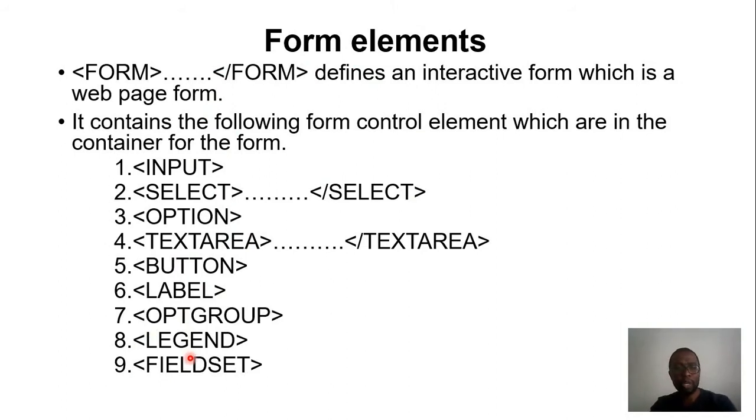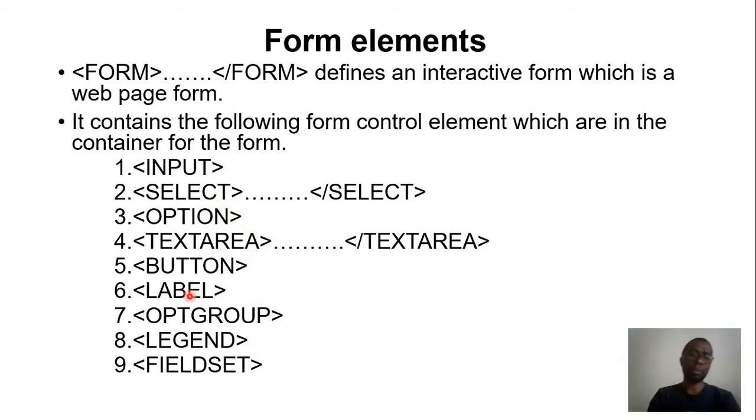Just to mention one or two: input, you might have an option of stating what input control you want to have in your form. Text area gives you an area where you can type information. Option, you can have some radio buttons there, at least options given to a user. Button can display a button.